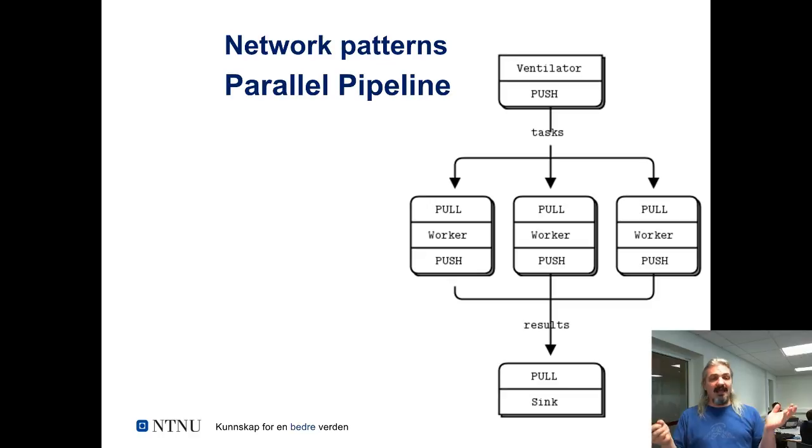So you can have network patterns which are parallel patterns. So if I'm sending some results to you, I can send it out multiple ways. They can process and adapt it, and then get it all back together and send it to you. Right?